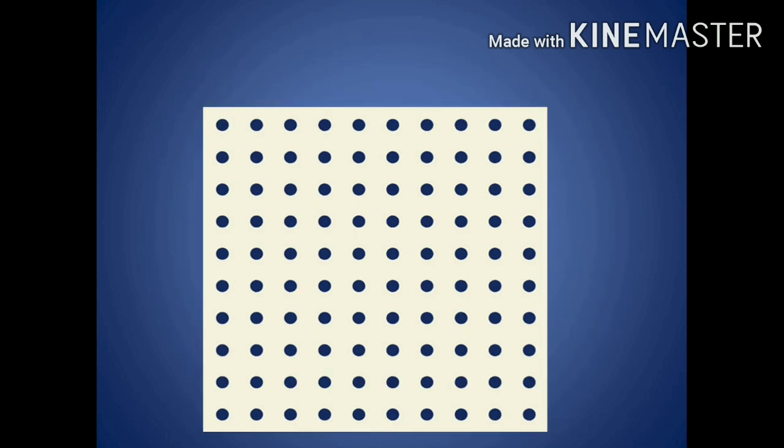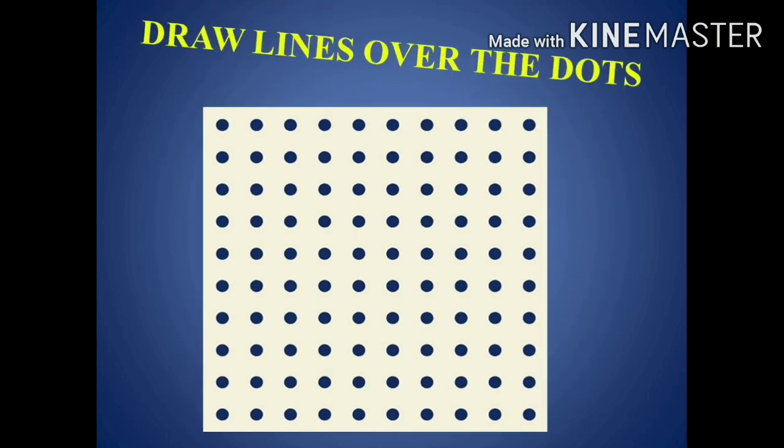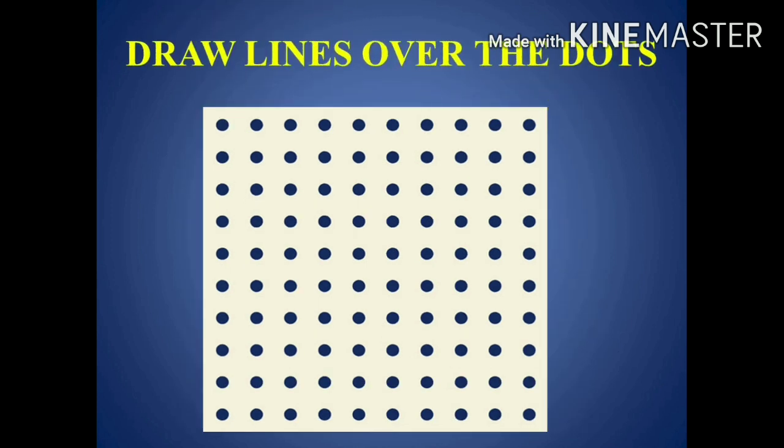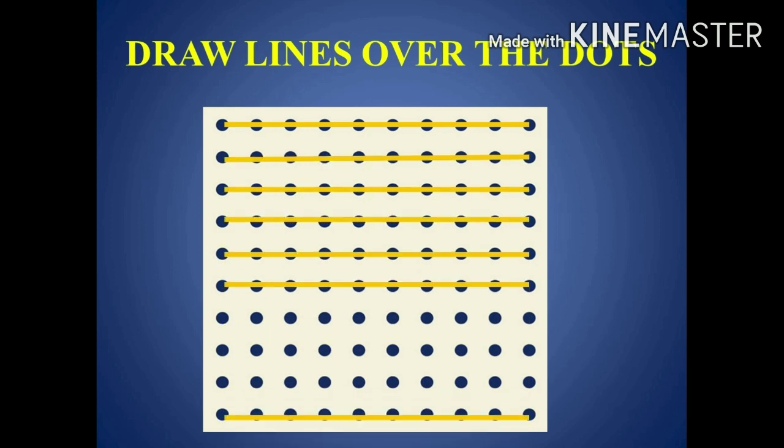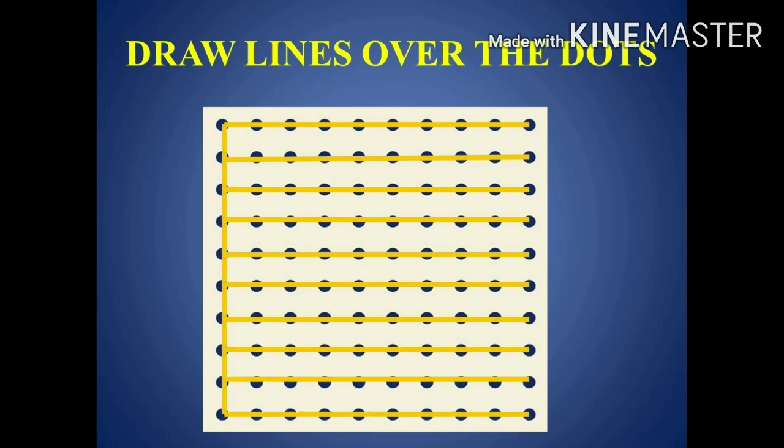Children, now we draw lines over the dots. First we draw sleeping lines, which are also called horizontal lines. Now we draw vertical lines, which are also called standing lines.